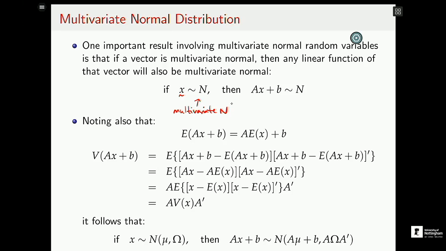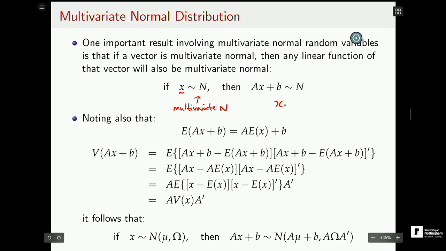Now we can go a little bit further and say exactly what this multivariate normal distribution will look like in terms of the mean and the variance as related to the original mean and variance for the x vector here. So let's suppose that x is normal with some mean, and we'll just call it Ex, we don't need any other notation, and a variance covariance matrix Vx.